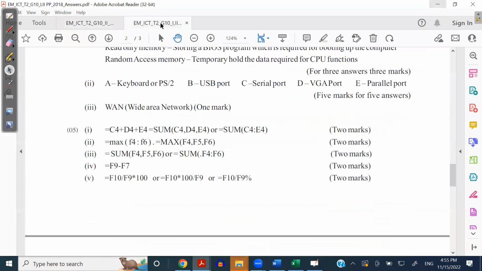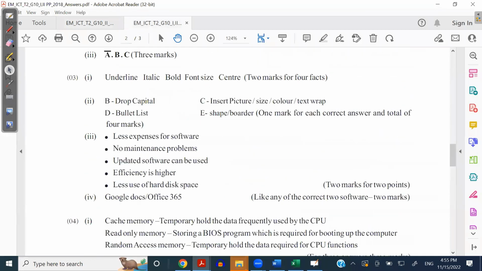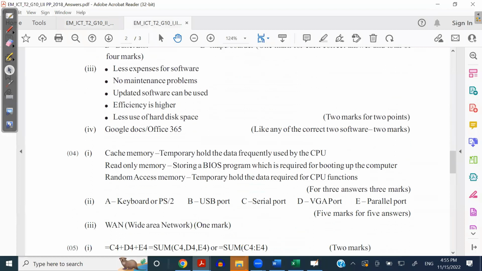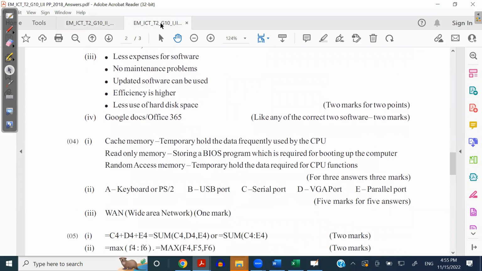These are the things that they have said. See, less expenses for software, no maintenance problems, updated software can be used, efficiency is higher, less use of hard disk space. So cloud computing means like we are not keeping this stuff in our computer. Instead of that, we are working with the document or with the software which is in the cloud.